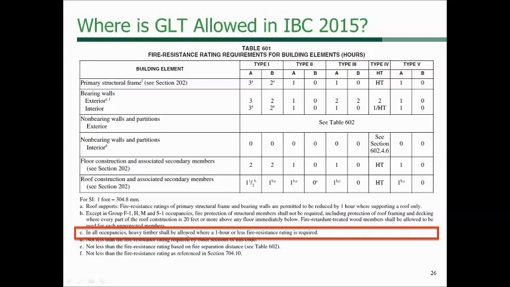Now there are some footnotes that allow, for example, for type 1 construction, heavy timber to be used where 1 hour or less of fire resistance rating is required. So for type 1B, type 2C, type 2A and B, it allows heavy timber construction.